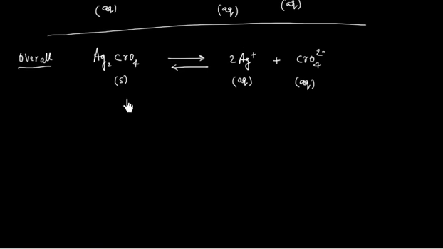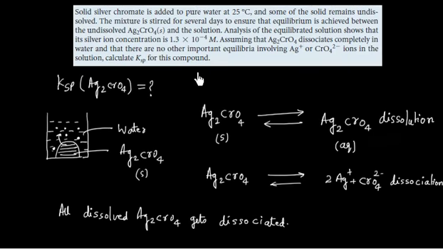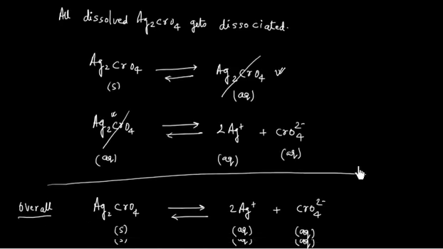Now if 1 mole of Ag2CrO4 dissociates, this gives 2 moles of Ag+. So let us say Ag2CrO4 dissociates x mole. So it will form 2x mole of Ag+ and x mole of CrO4 2-. The concentration of Ag+ is given, that is 1.3 × 10^-4.